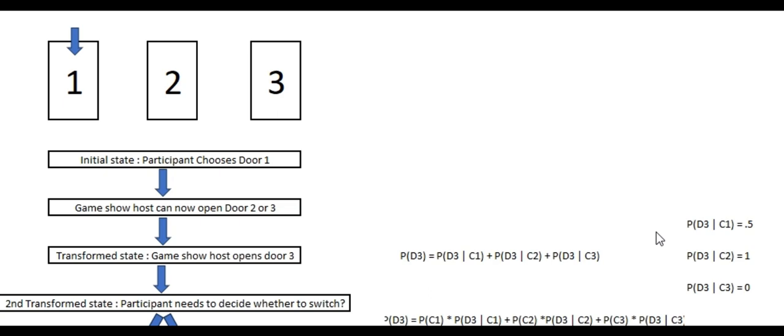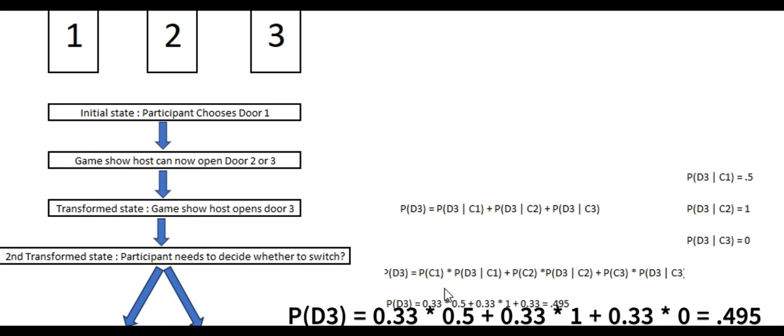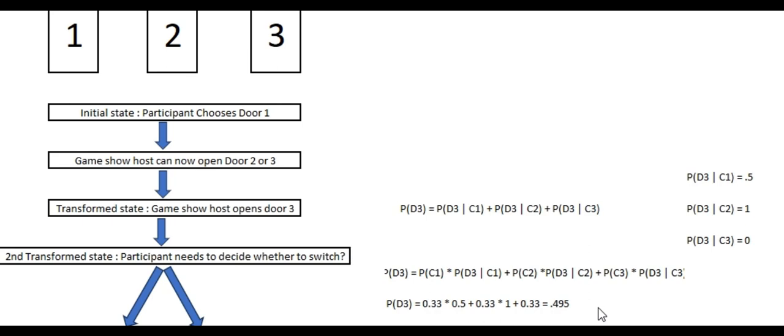Now if you rationalize this equation further with the individual probabilities of finding the car behind any one of these 3 doors, which is expressed here in this expression at the bottom, you will see that there's a rationalizing factor which is 0.33, which comes into the equation, and when you multiply that across each of these 3 conditional probabilities equally, you get a value for P of D3 which is equal to 0.495, or roughly half.